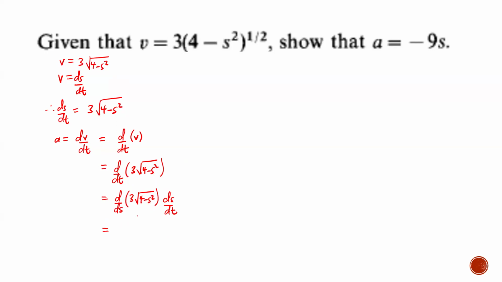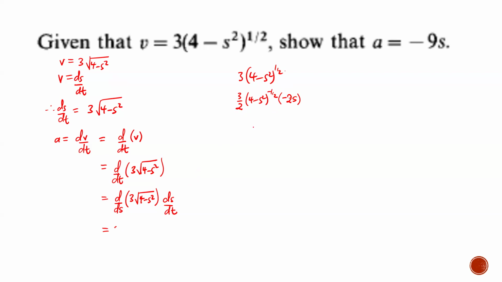I'm still going to use the chain rule. If I write it aside, 3 times (4 minus s squared) to the power a half. If I bring the power in front, it becomes 3/2 times (4 minus s squared) to the power negative a half. But then multiply by the derivative of what's inside the bracket, which is negative 2s.